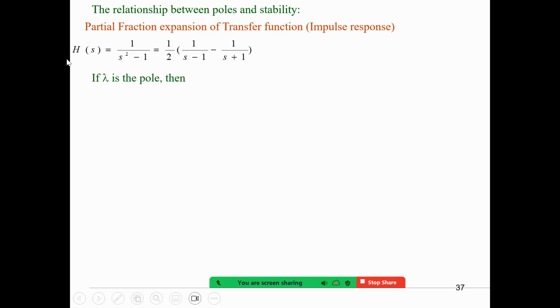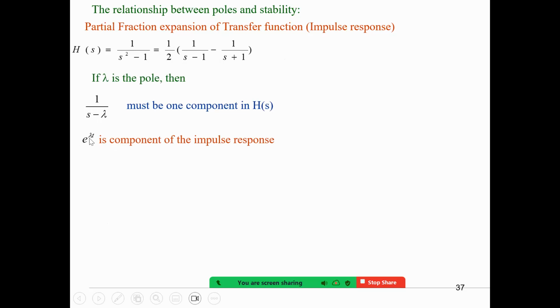So we do the partial fraction of the transfer function. Normally, if lambda is the pole, then there must be a term 1 over s minus lambda as a component in the impulse response. In the time domain, that corresponds to e to the lambda t.